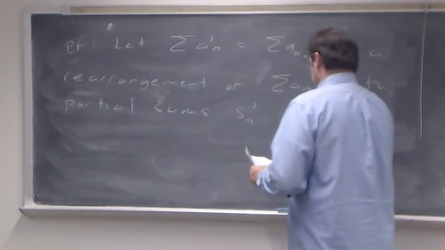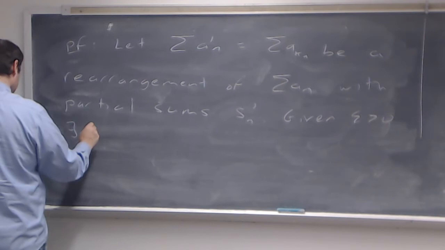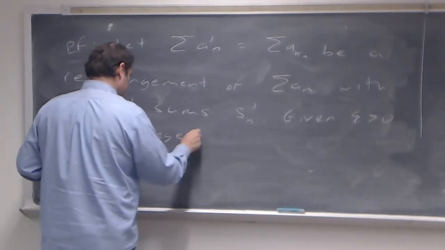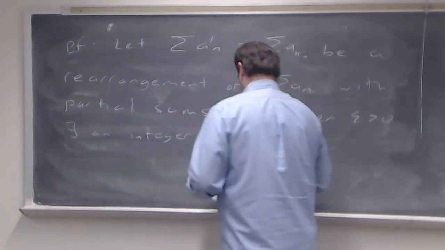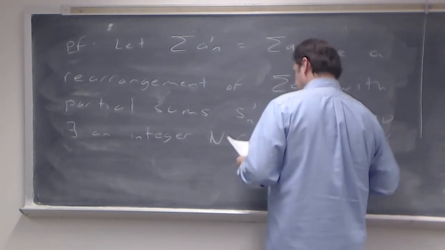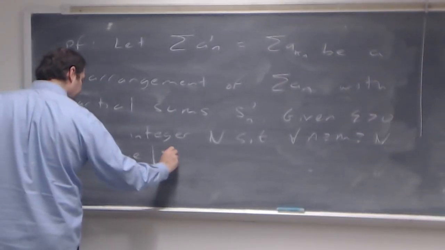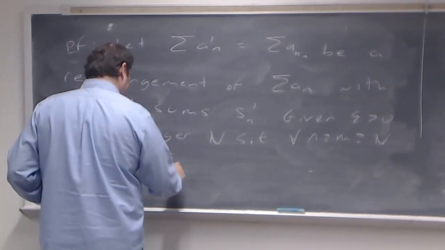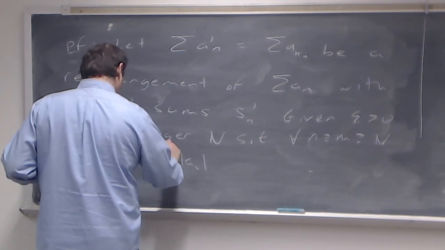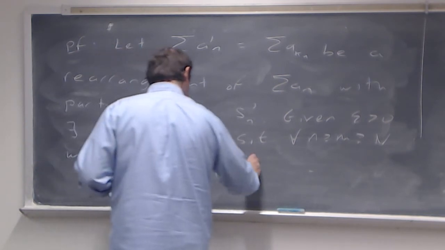Okay, here's something to note. Given epsilon greater than 0, given any positive number, there exists a natural number N such that for all n and m greater than or equal to N, the absolute value of the sum of the absolute values of the a sub i, as i runs from m up to n, will be less than epsilon.